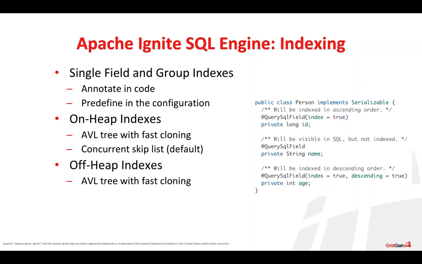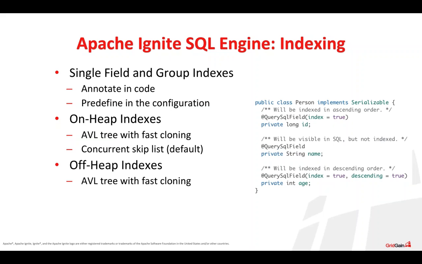If we talk about Java, then it can be defined in Spring XML configuration. If we talk about the Apache Ignite .NET component, then you can define indexes directly in the app config file of your .NET application.